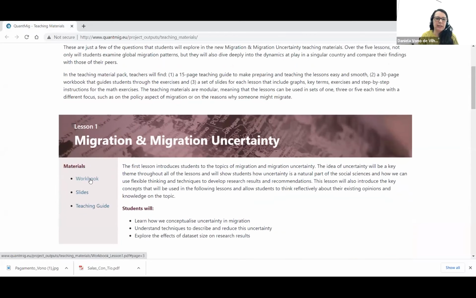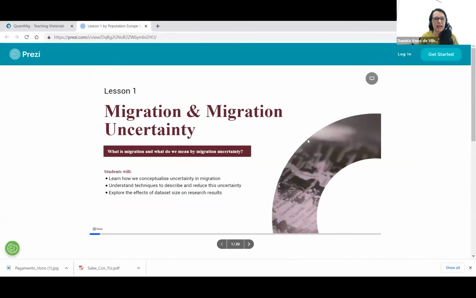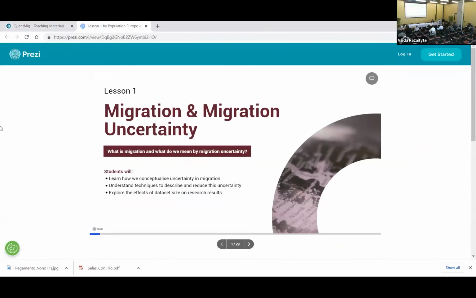We have created a workbook and a teaching guide that comprise all these 5 sections. For each lesson, we have slides that are hosted. Can you see the Prezi slides here? Yes. If you click under slides, you can immediately see the presentation.